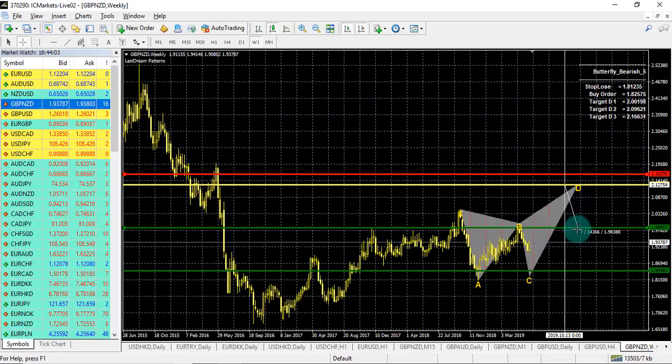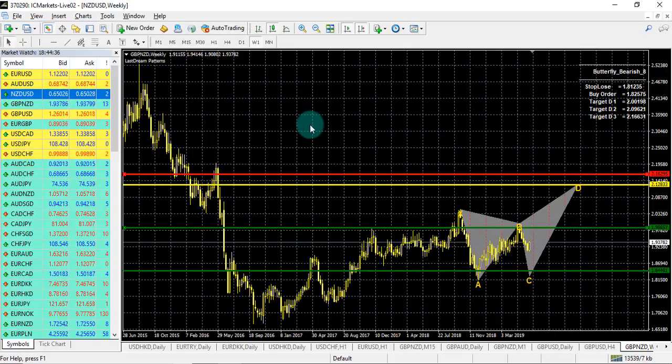To make 1486 as a TP1, TP2 2,840 pips, just by risking how much? 379 pips.